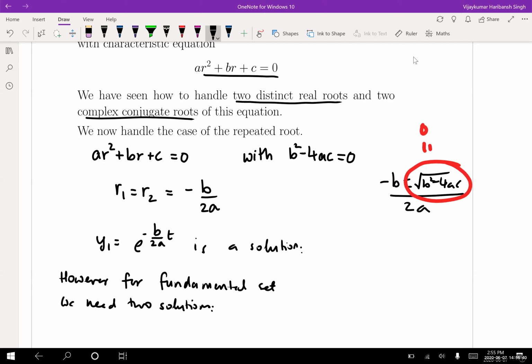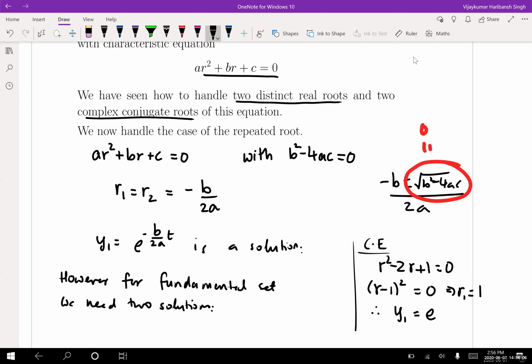For example, let me call the characteristic equation CE, and suppose it is given by r^2 - 2r + 1 = 0. The solution of this is (r - 1)^2 = 0, and then the solution y1 is going to be e to the power t, since r = 1 is the only root.